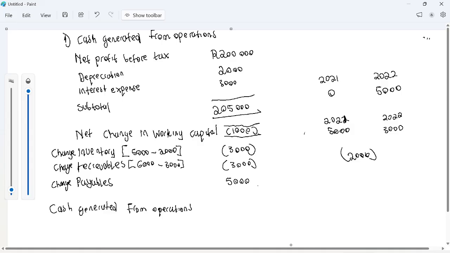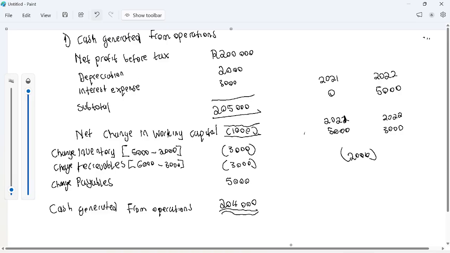Our cash generated from operations is 205,000 minus 1,000, so it's going to give me 204,000. So this is the amount that you're going to take to the statement of cash flow under cash generated from operations.